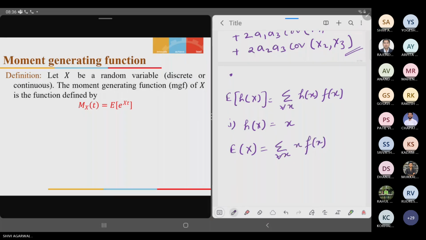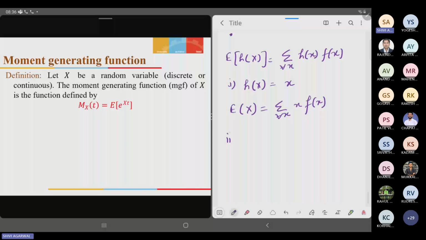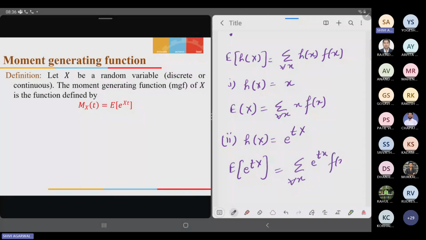Now this function h(x) will become e to the power tx. So the expected value of e to the power tx will become the summation over every x of e to the power tx into f(x). Correct.